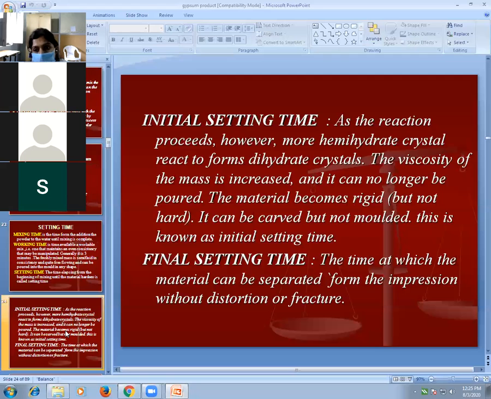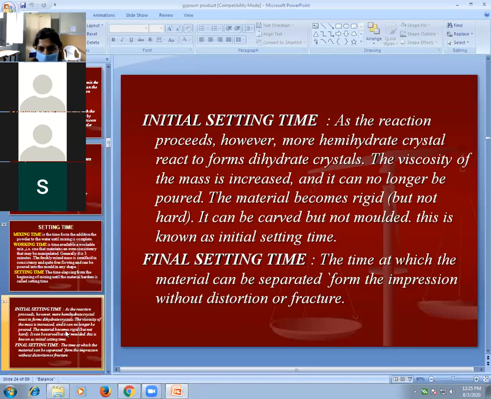So what is initial setting time? The reaction proceeds to dissolve the hemihydrate crystals to form the dihydrate crystals, and the viscosity of the mass increases. As the viscosity increases, it can no longer be poured, but it can be carved.